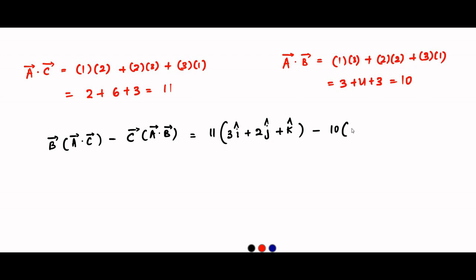We'll multiply it with c vector, which is 2 i cap plus 3 j cap plus k cap.